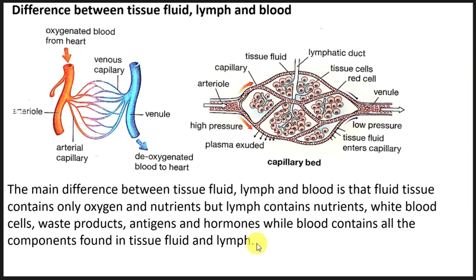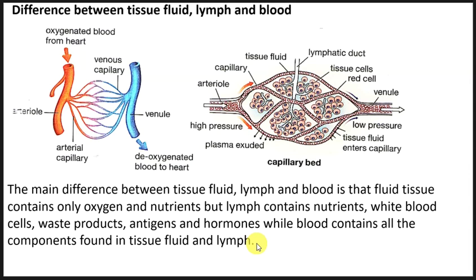In tissue fluid, it will only contain oxygen and nutrients, but in the lymph there will be oxygen, nutrients, white blood cells, waste products, antigens, and hormones.